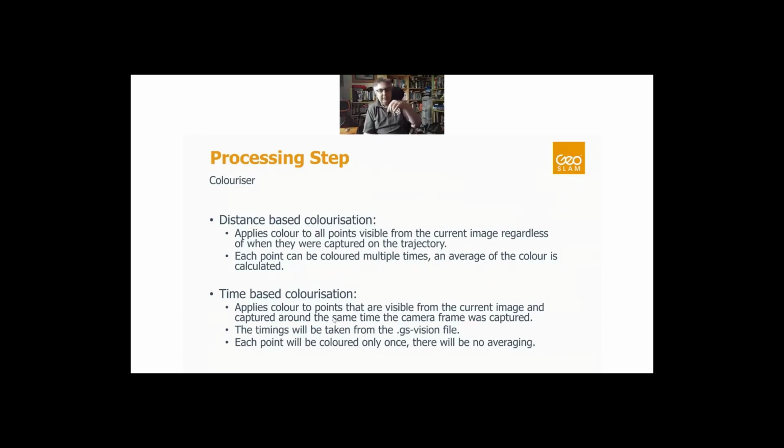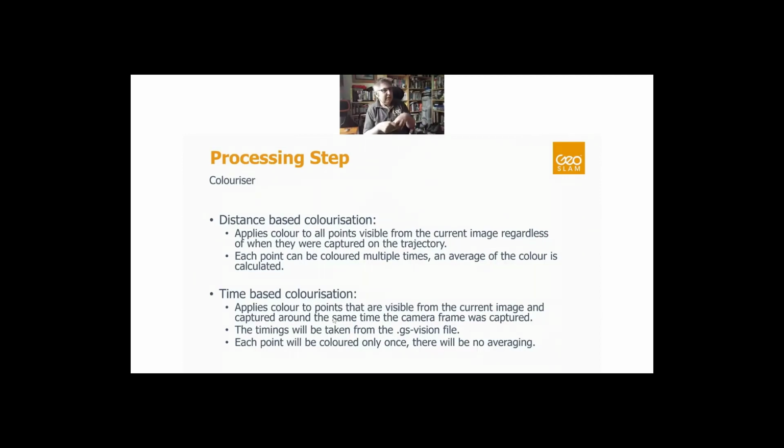So it doesn't matter when they were captured on the trajectory. If I came back and did a loop, I would include those points, whereas in the time method, I've got much fewer points because I'm only taking the points that were captured plus or minus half a second from when that image was captured.